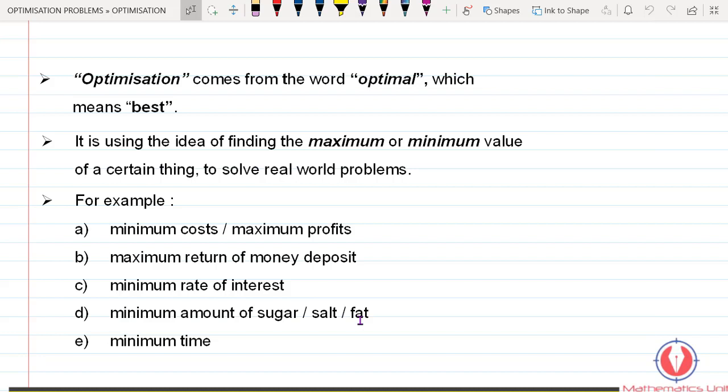So you should minimize your sugar intake or salt intake or fat intake. And the last one here is minimum time. Let's say you wake up at 7:45 and suddenly you realize that you have a class at 8 a.m. So you need to think how to get to your class with minimum time or minimum total distance covered.